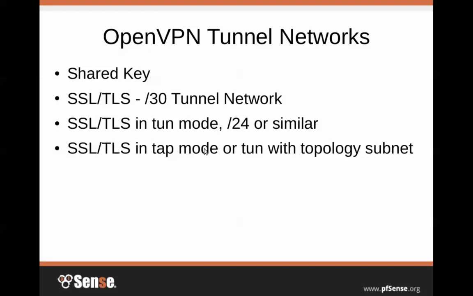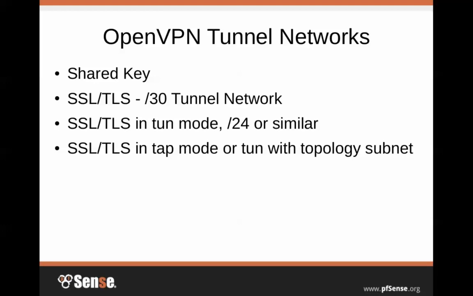Okay, so a little bit of fundamentals about how the various tunnel network styles behave, and this is going to come into play in how we can do some of our tricks later. I know I've listed 4 here, but 2 of them behave alike. There are 3 basic ways that it will behave. In shared key, the usual static key setup, you just set 2 IPs on either end. SSL/TLS, if you specify a /30 tunnel network.